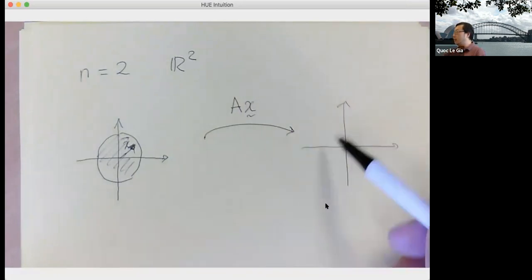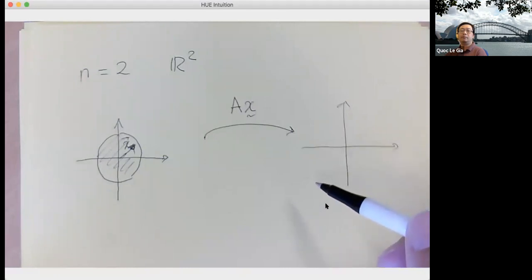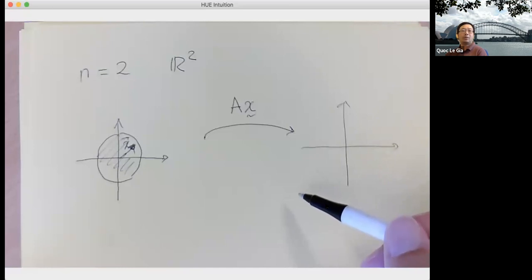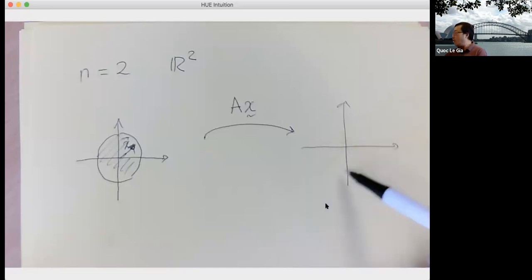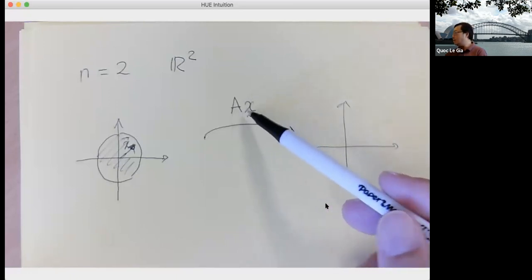What do I get on the image? Any guess? Might be something stretched or squished. Yes, but how does it stretch? I mean, what is the shape of the image in general? It's a circle if A is identity.